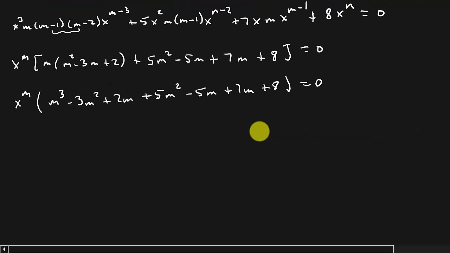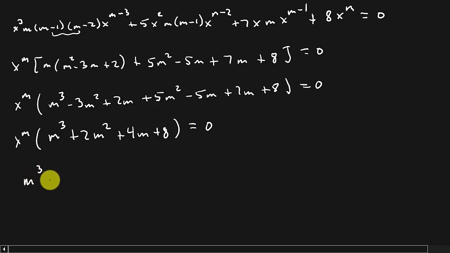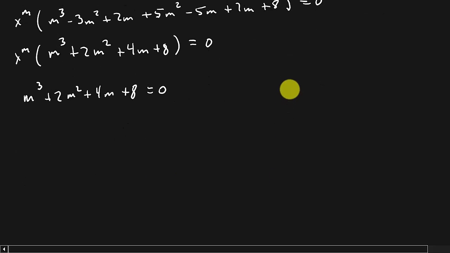Alright, so then what we're going to do, combine like terms here. This is going to be x to the m times, and that's going to give me m cubed plus 2m squared plus 4m plus 8 equals 0. Now, I have m cubed plus 2m squared plus 4m plus 8 equals 0. All right, so this is what we have here.